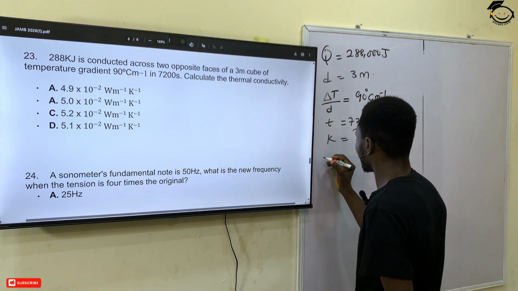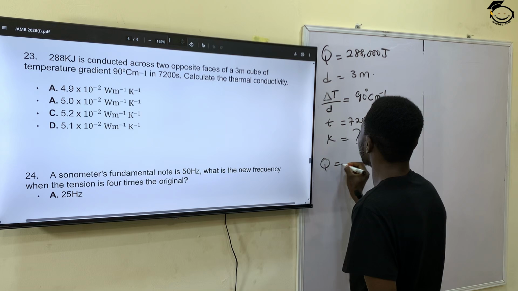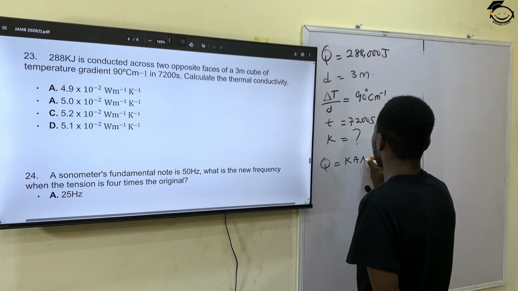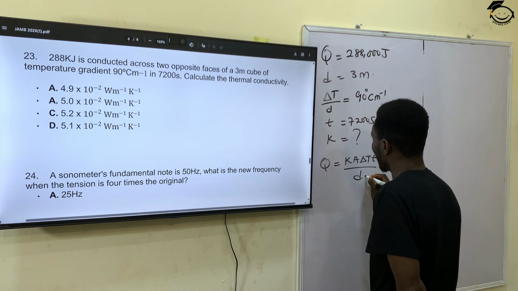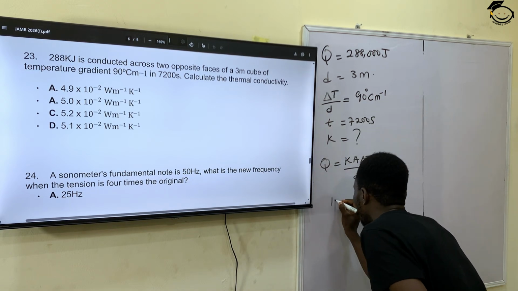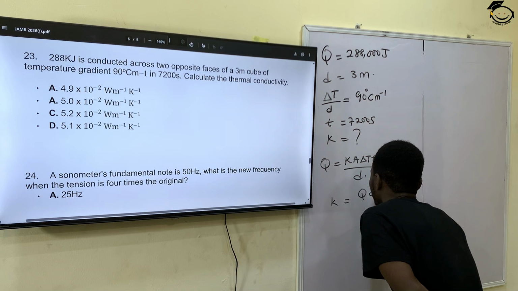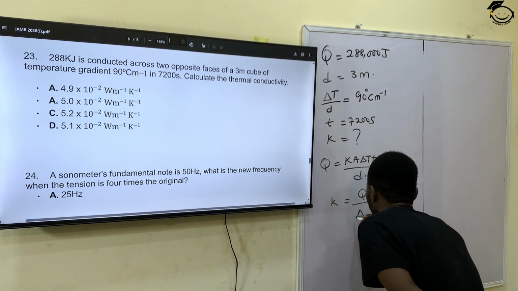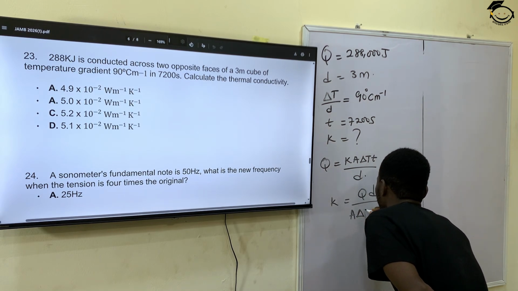So we know that Q is equal to KA change in temperature over depth, which is the same as saying that K is equal to QD over A times change in temperature times time.